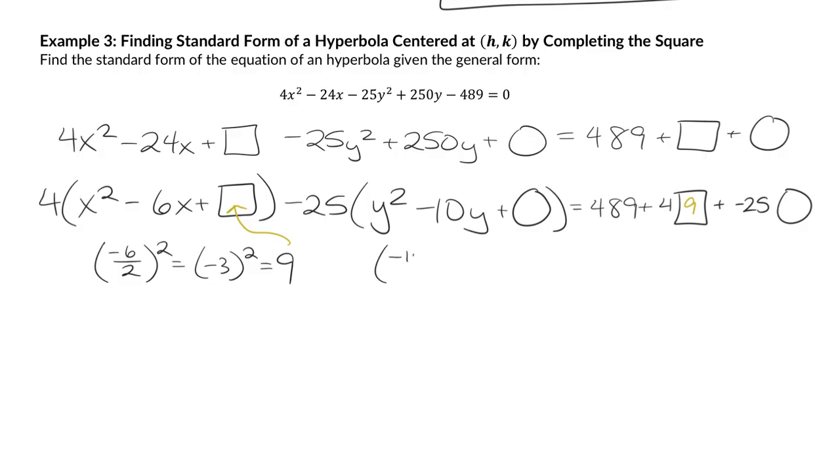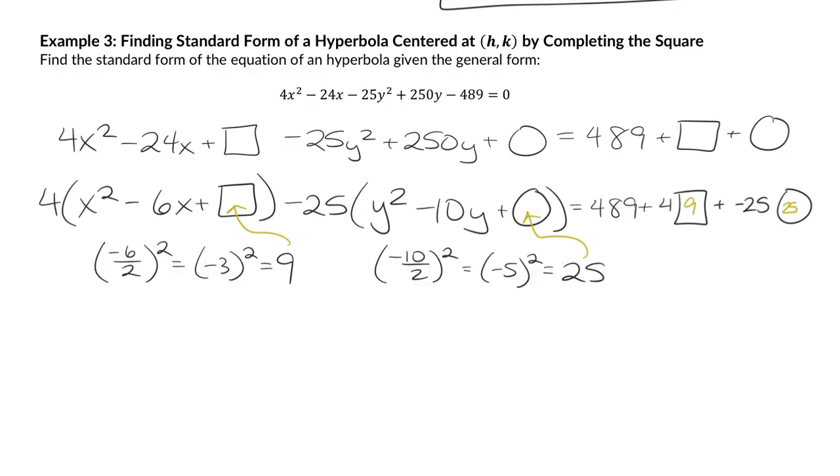Then I do negative 10 over 2 squared, which is negative 5 squared, which is 25. 25 goes in the box. And 25 in the circle. It looks horrendous, but it will clean up in one step.